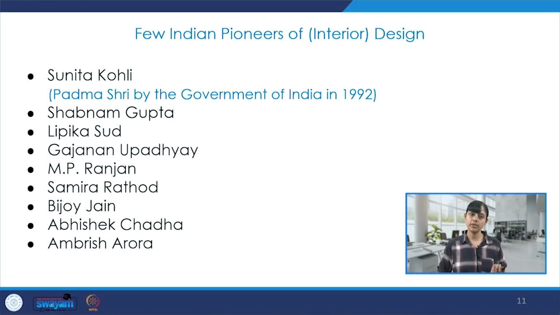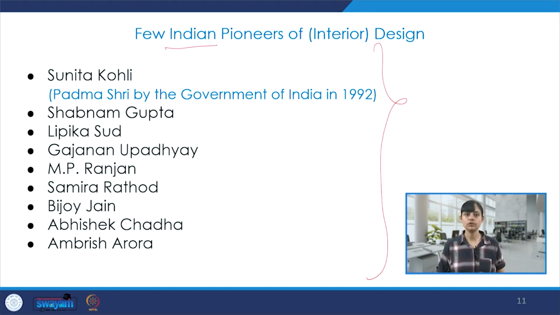We did talk a bit about the pioneers of interior design, especially talking about India. And we could come across some very interesting names and examples, although this list is not exhaustive. It's very, very limited, and there are a lot of people who have contributed to the pedagogy and practice of interior design.